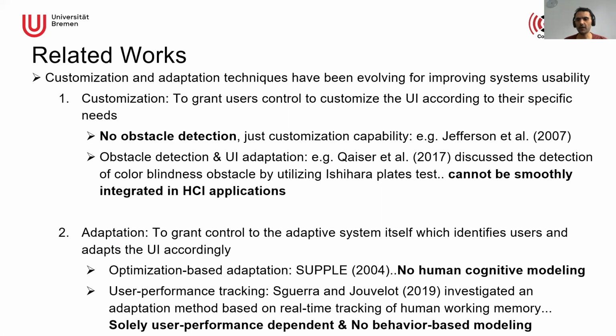However, in the state-of-the-art models, either no human cognitive modeling is discussed or solely user performance dependent modeling is discussed, with no behavior-based modeling and, more importantly, with no human perception and cognition modeling, because those human processes can be useful for a repetitive user interface adaptation in consecutive sessions with dynamic situations of volatile obstacles, for example, or wrongly decided user interface adaptations.